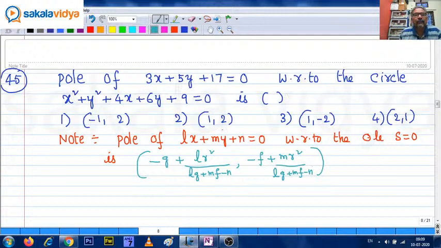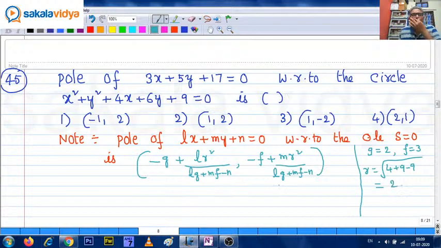So now we need to find out g, f here. Radius also we need to find out. See, g equals to 2, f equals to 3, r equals to root of 4 plus 9 minus 9. So 9 cancels, r value will be 2. Radius will be 2. So now lg + mf - n. Understood now? Right, let us write now.